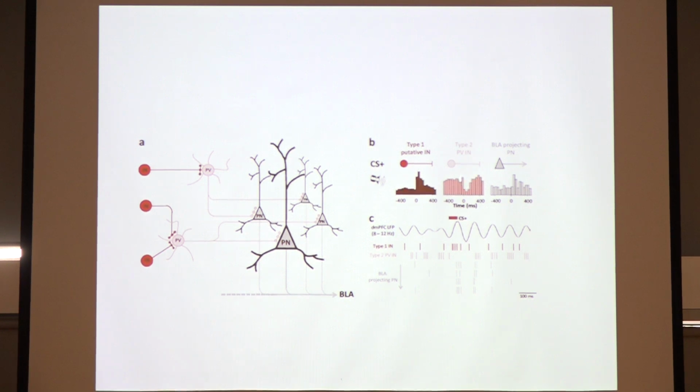Type 2 are inhibited, and therefore this inhibition disinhibits principal neurons that project to the BLA. This activation of principal neurons is locked to the oscillation, and we know that the PV interneuron manipulation induces the resetting of the oscillation that synchronizes the activity of BLA projecting neurons.